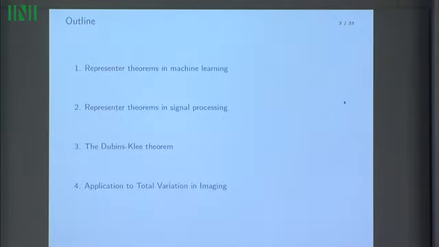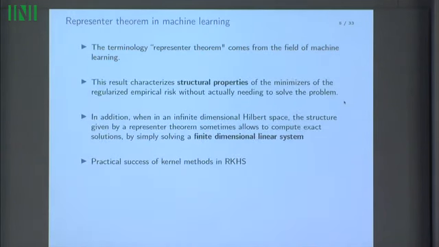Okay, so let me just remotivate or reintroduce what representer theorems used in machine learning are. It comes from the machine learning community, and it characterizes structural properties of minimizers of the regularized empirical risk, without actually needing to solve the problem.